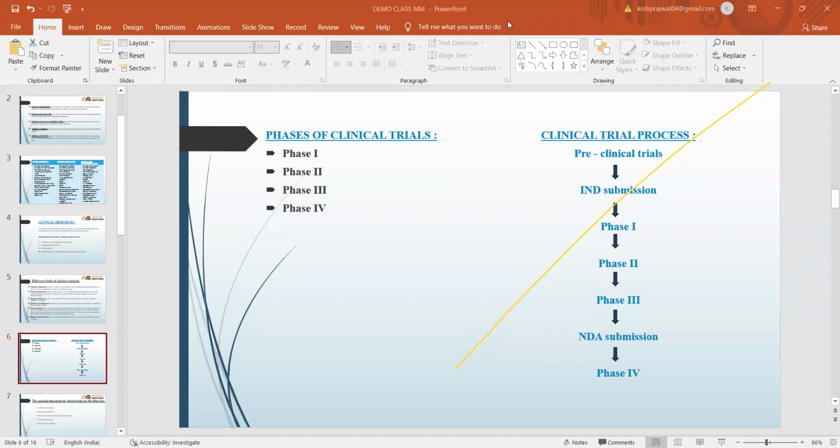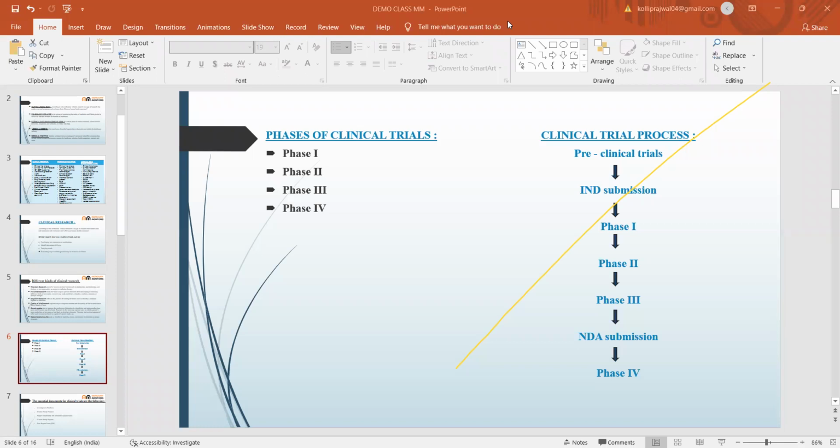There are different regulatory bodies. When we make an IND submission, we submit it to the FDA, the Food and Drug Administration. If we get approval for the IND, then only can we conduct clinical trials.